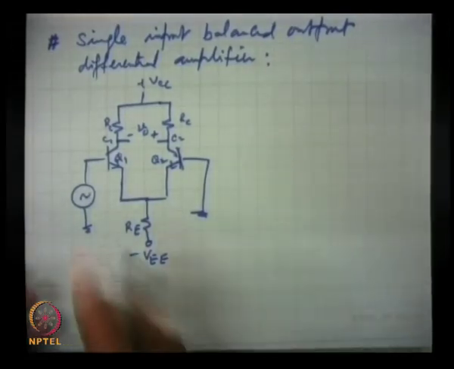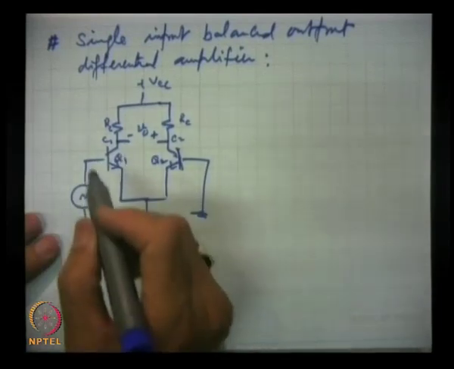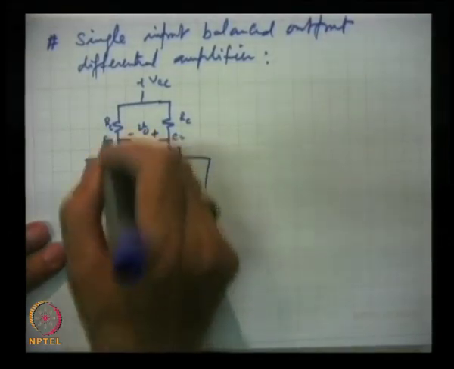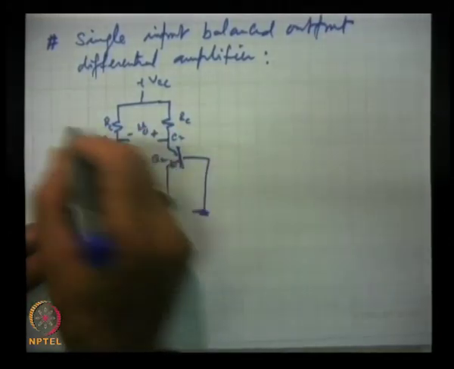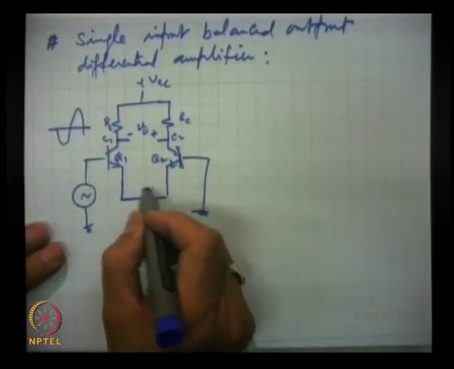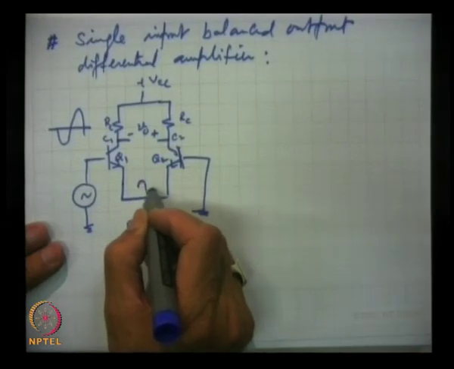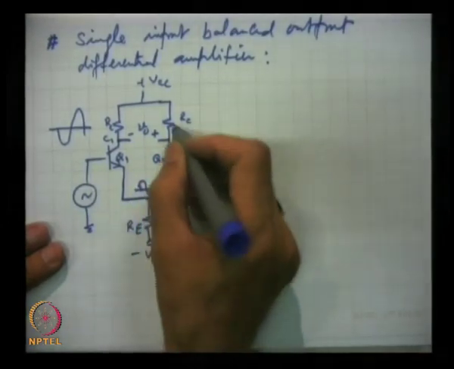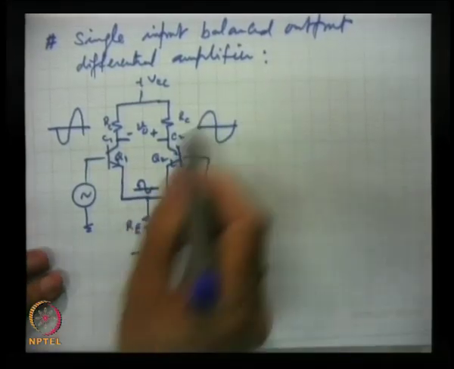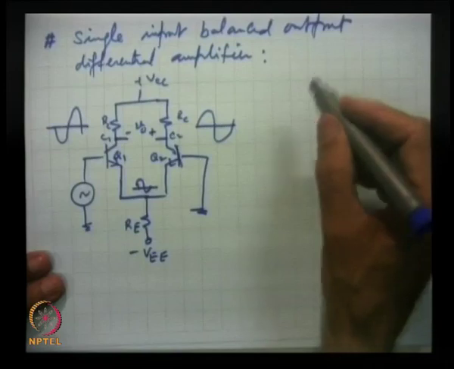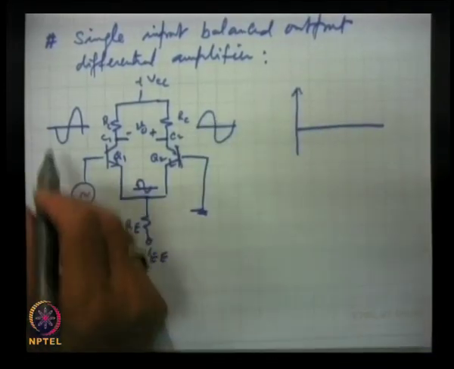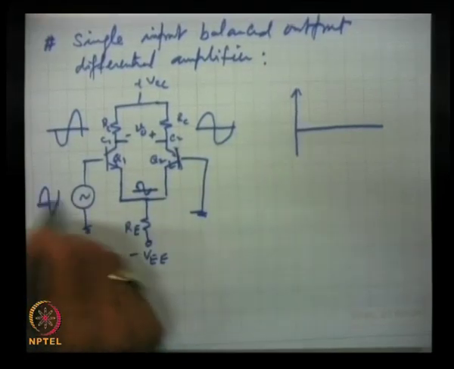Now, if we take this signal, we remember that this will appear here as inverted, but here it will appear like this. So, when we take the balanced output, the output is in phase with this input.